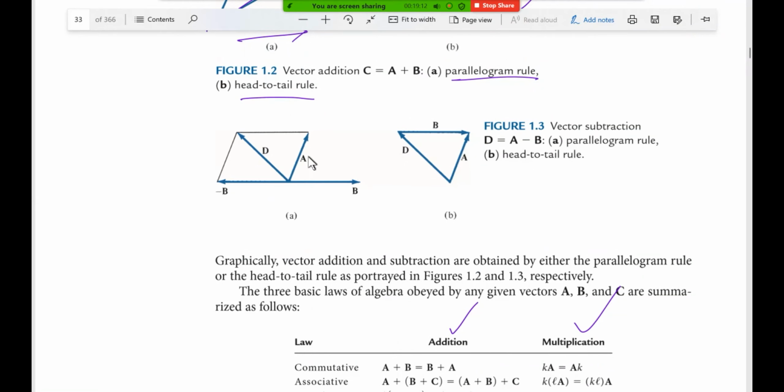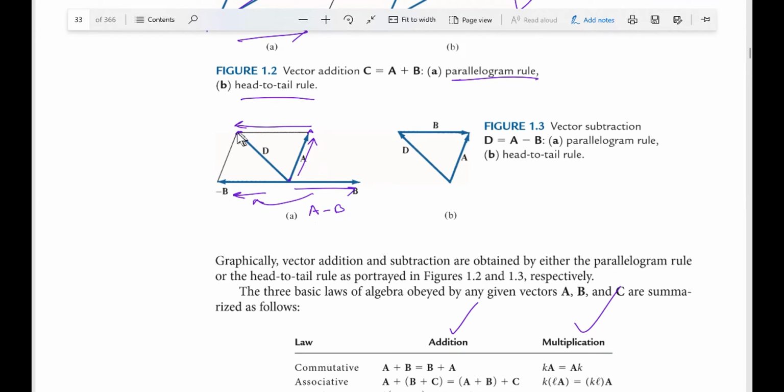So if this was our A going in that direction, and this is B that goes in this direction, if you wanted to have A minus B, you now go the reverse of B, which is the opposite of that. Therefore, you start at A, go to the head of A, and then go to the reverse of B. And therefore, your final one gets to that point. That is how we do the subtraction using the parallelogram rule.